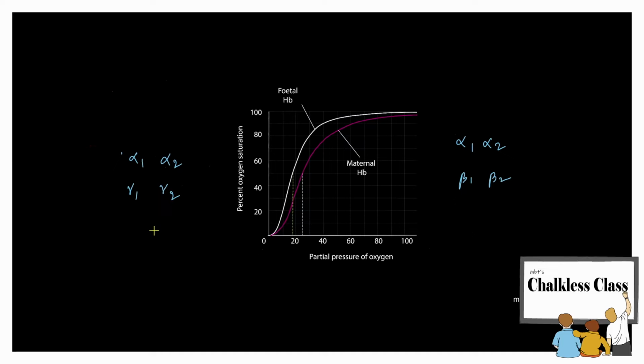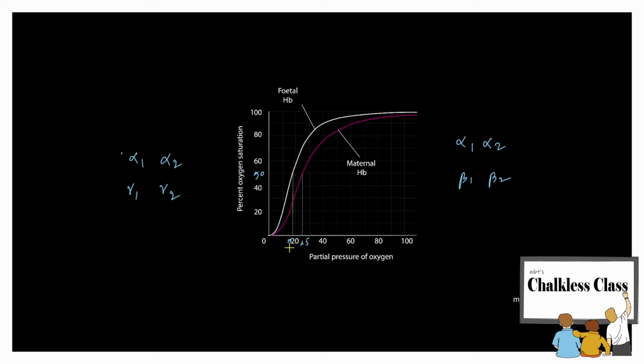That's why in the capillaries on the maternal side of the placenta, even though the oxygen partial pressure is low, that is 35 to 50 millimeter mercury, the fetal hemoglobin is capable of binding with that oxygen. In the maternal hemoglobin, P50, the 50% saturation, is 25. But in the fetal hemoglobin, it is 18.5 to 19.